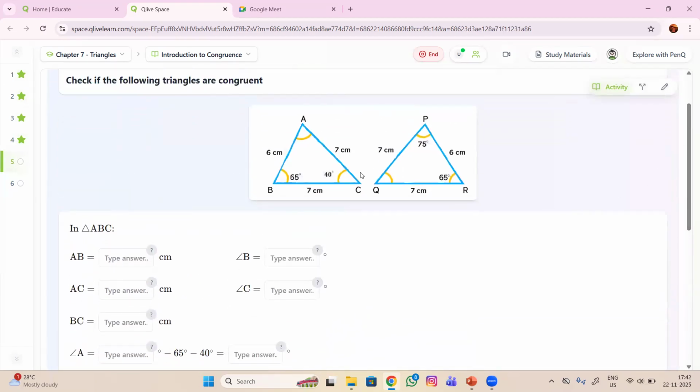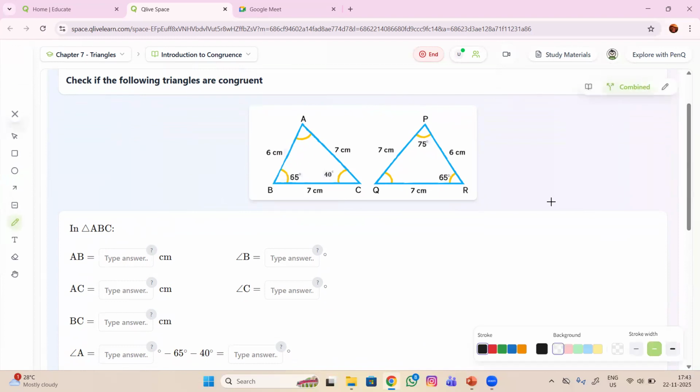Here, in triangle ABC, checking if the triangles are congruent. Look at this triangle carefully, with this angle 65 and this one 40. Three angles are here, so one angle is hidden.